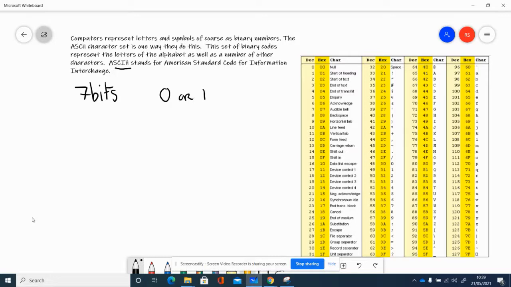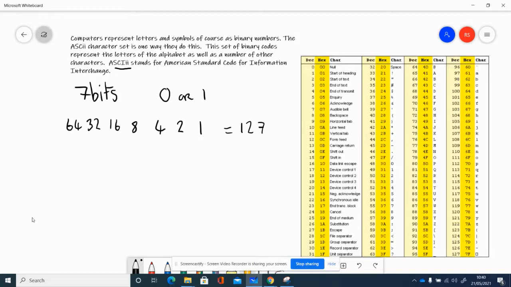So if you had 7 bits, you could have these positions: 1 2 4 8 16 32 and 64, because there are 7 of them: 1 2 3 4 5 6 7. So if we added those up, the maximum number we could have is 127. And if you look at the code chart on the right hand side of here, the biggest number here is 127, and that represents a strange little square as the character.